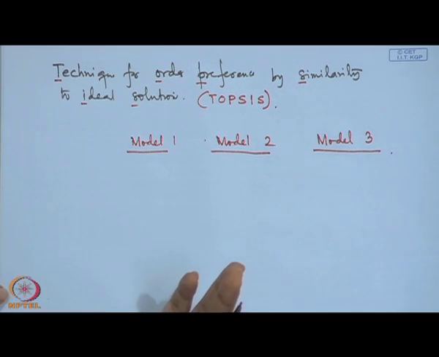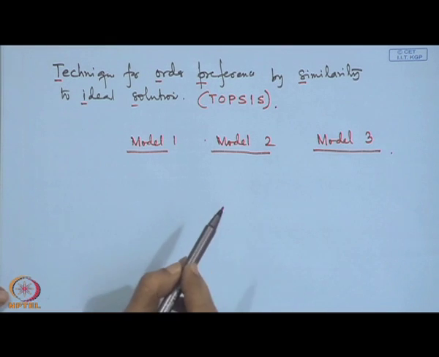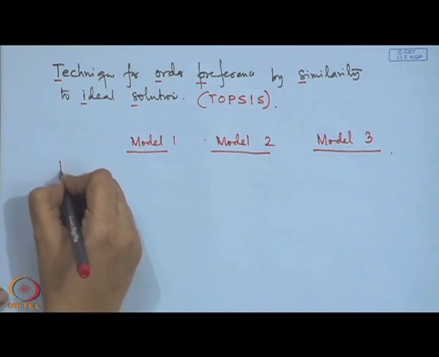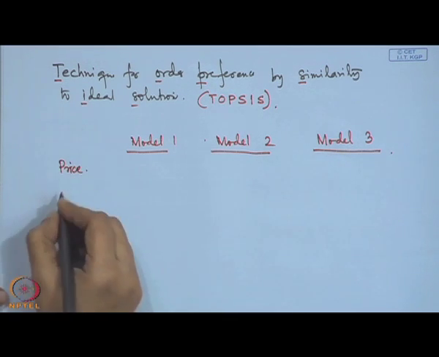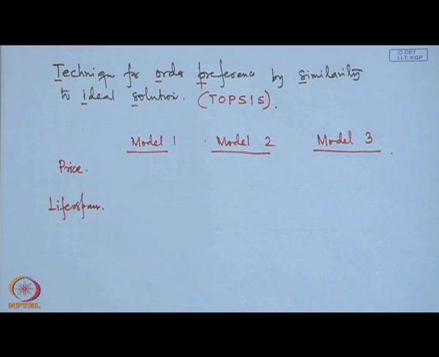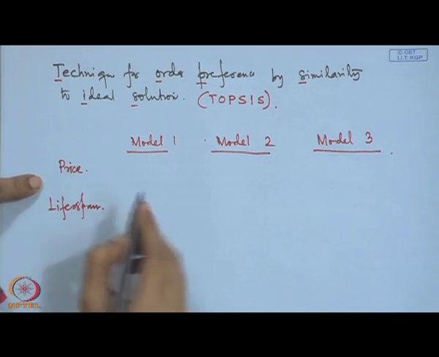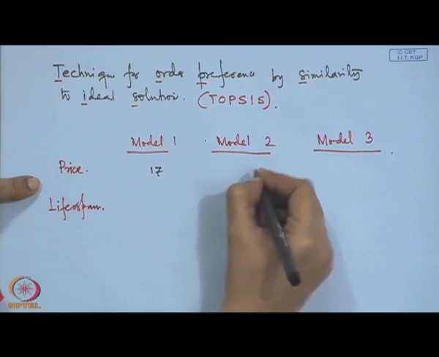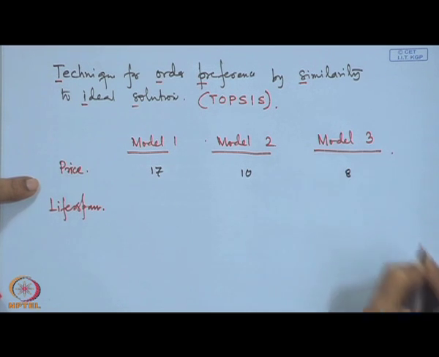We want to buy, say, an electronic instrument, and we have 3 alternative models in front of us. Depending on two criteria, we want to decide which model is preferable to me. Price is calculated in rupees, say it is 17 units, model 2 is 10 units and model 3 is 8 units.